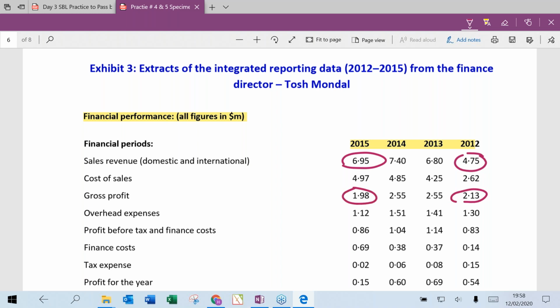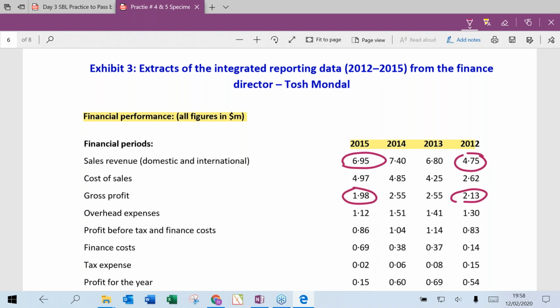So you see this? The revenues have gone up from 2012 to 2015, but the gross profit has gone down. Wow, that means their GP margin is deteriorating mainly due to cost of sales.